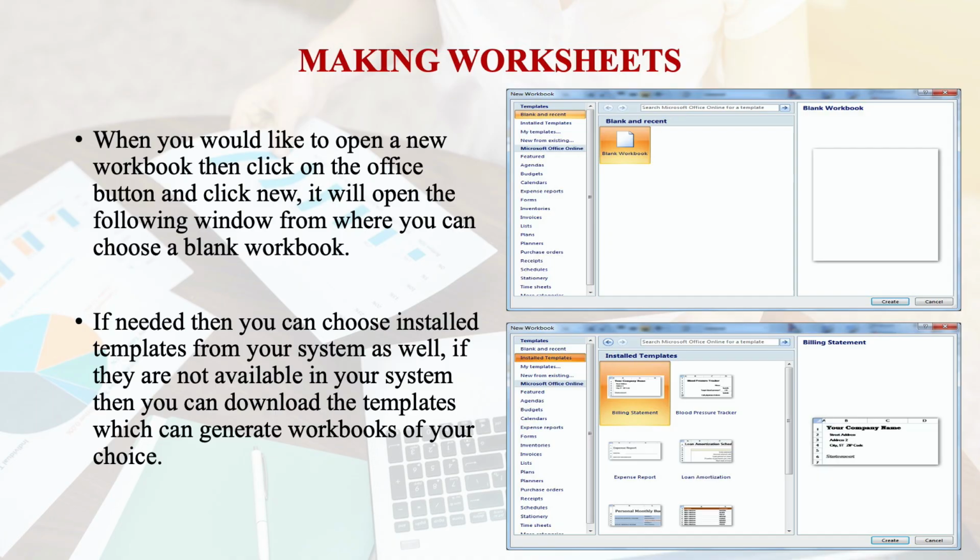So if you want a blank workbook, you can directly choose that, or you can go for the online templates or the templates which are already installed on your system. So this is how you can start with your worksheet of MS Excel.